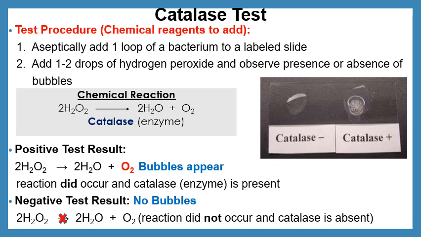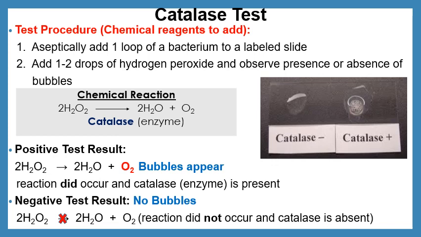The test procedures for the catalase test include adding chemical reagents to see if we have positive or negative results. So what you would do is take your initial test tube of bacteria. Again, there's no incubation time if you're given the bacteria. You would label one or potentially two clean glass microscope slides with the name of the bacteria.